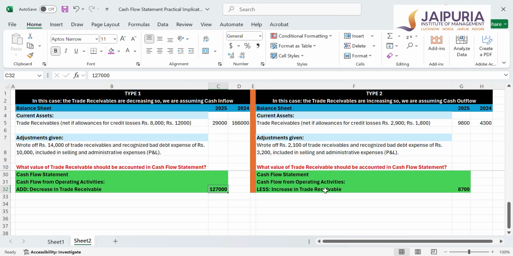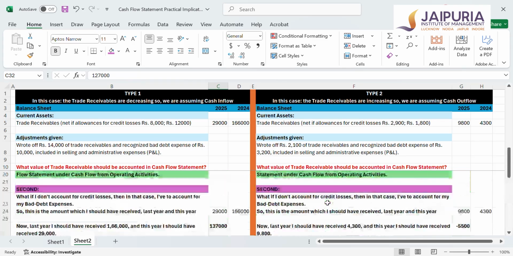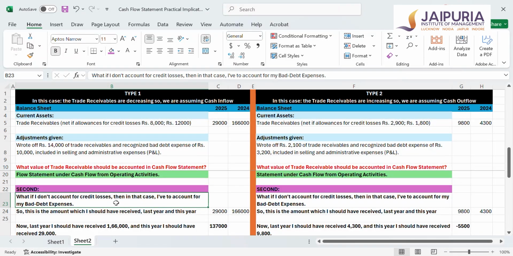Going to the second option. Now, second option is quite easy. Okay. In this case, type 1, we are not going to consider credit losses. So last year I should have received 1,66,000 and this year 29,000. Clear?